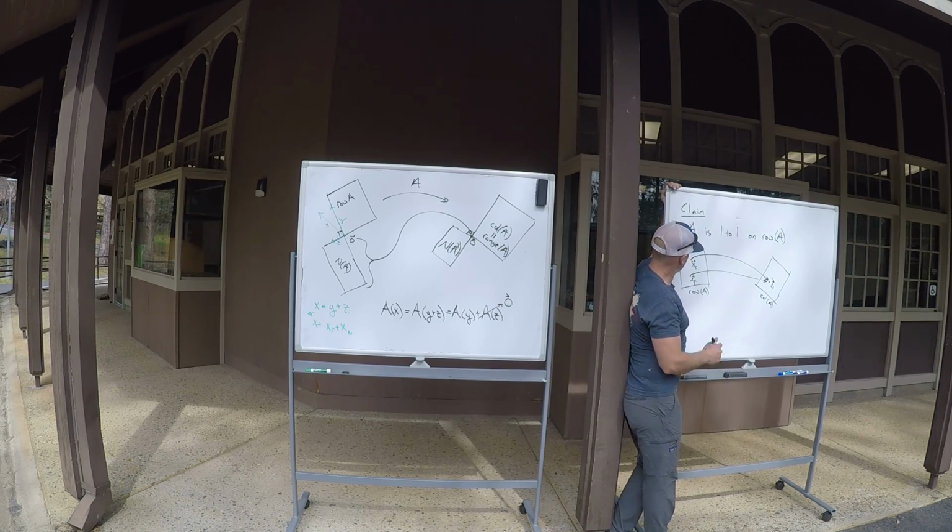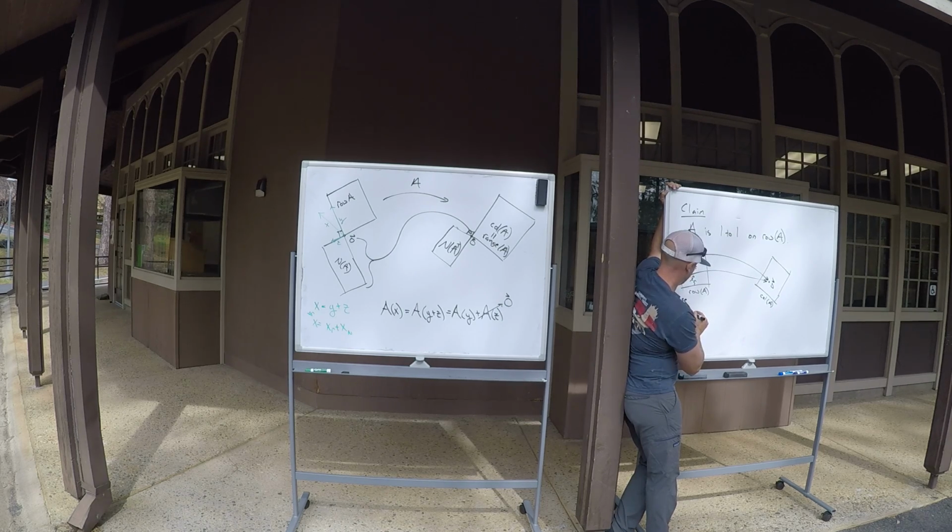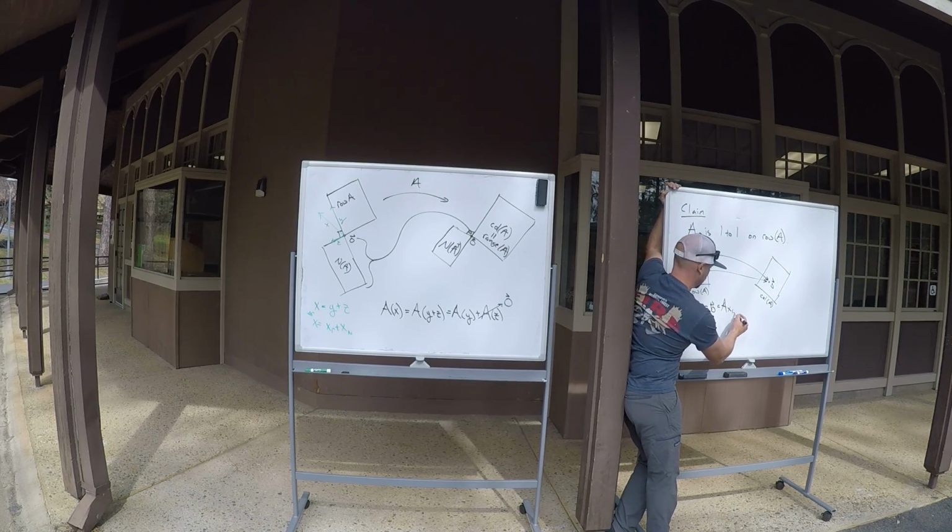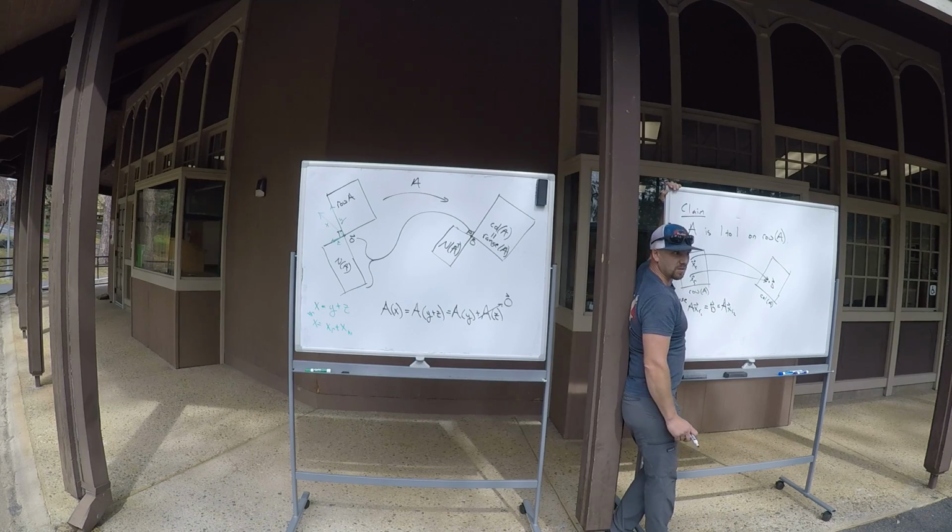So my claim is that if both x row 1 and x row 2 go to B, these must actually be the same thing. So I'm going to suppose that there's two that go to the same place. So suppose A x row 1 is B is A x row 2. You guys all with me?